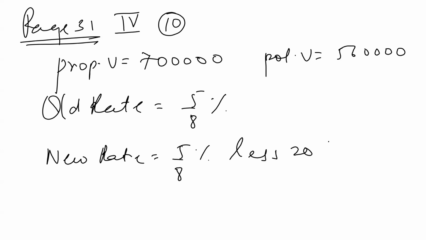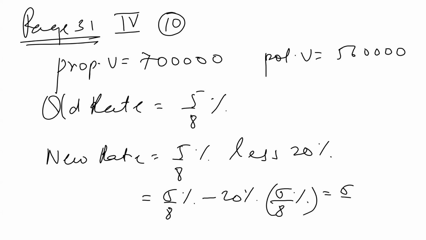So that is equal to 5 by 8% minus 20% of 5 by 8%, which is equal to 5 by 8% into 1 minus 20%.